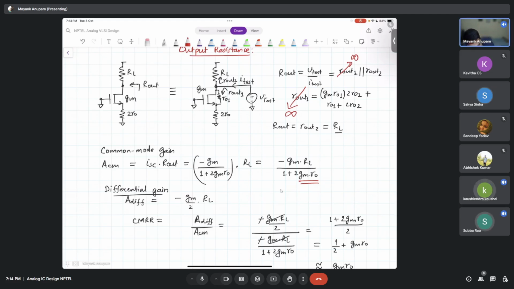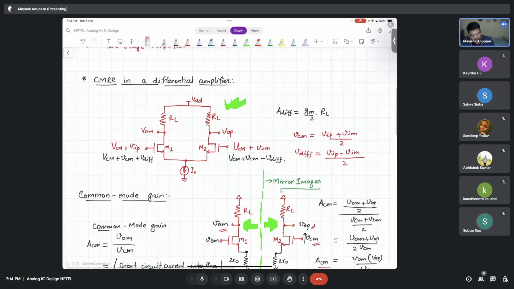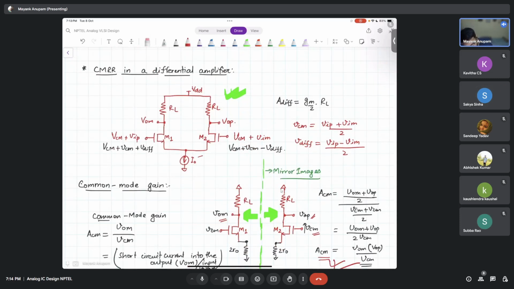Come on, how is that? Zero. Oh, zero, sorry. It is going to be zero. When the output resistance of the current source is going to become infinite, the common mode gain is zero. And why does that make sense? If this is an ideal I0, an ideal current source, the common mode gain is supposed to be 0. Why does that make sense?